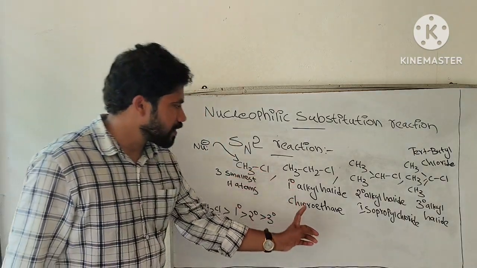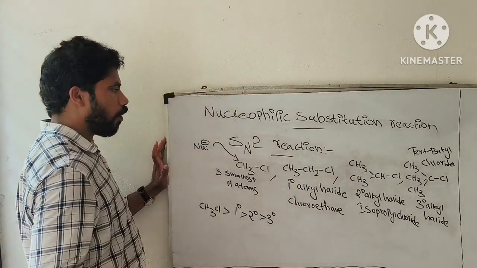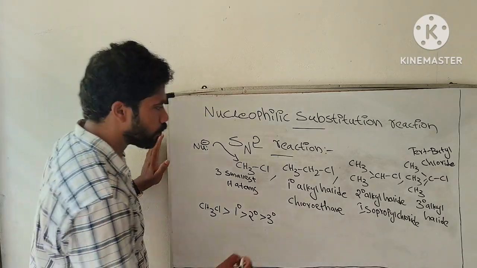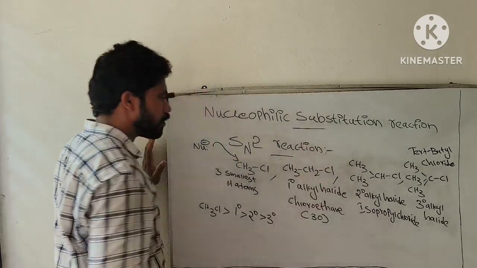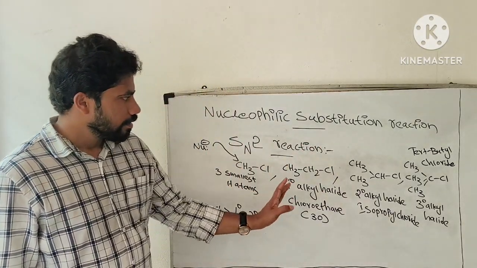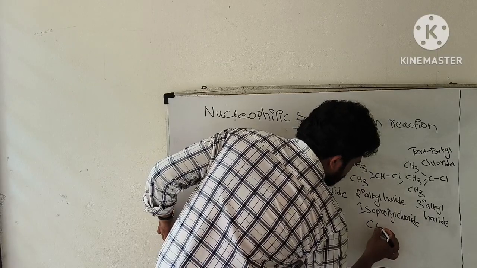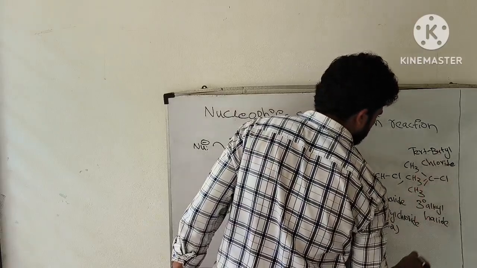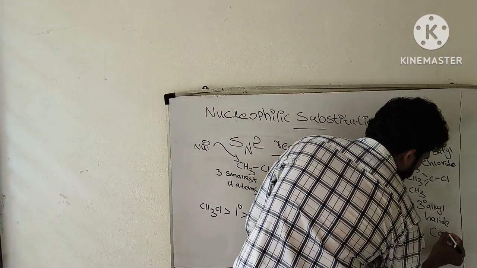But in the case of chloroethane, the relative rate of reaction as a primary alkyl halide towards SN2 reaction is 30. In the case of isopropyl chloride, the rate is 0.02. While in the case of tertiary butyl chloride, the reactivity towards attack of nucleophile is 0.